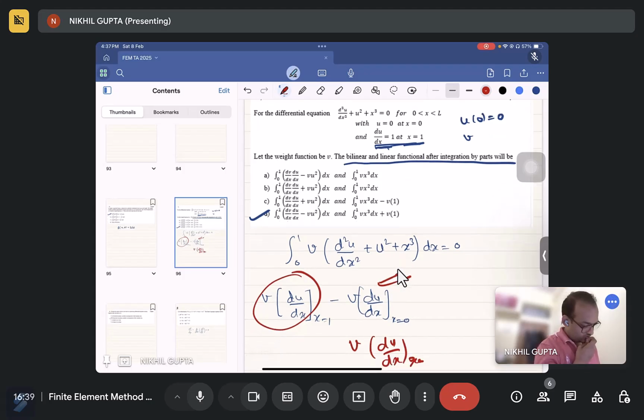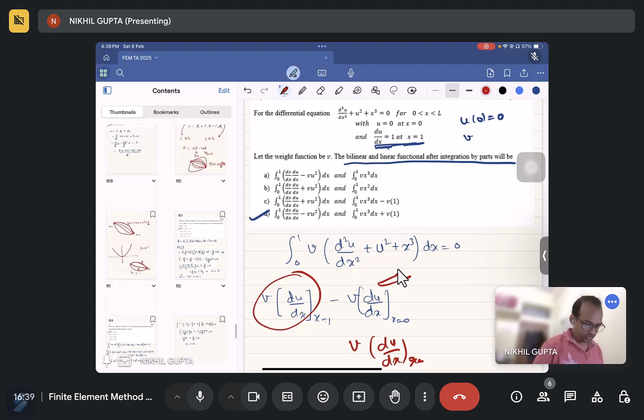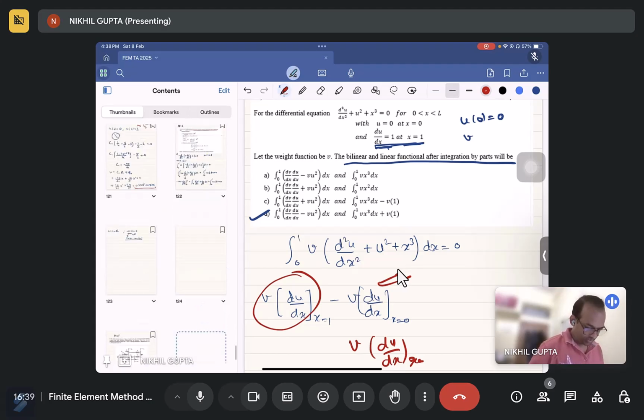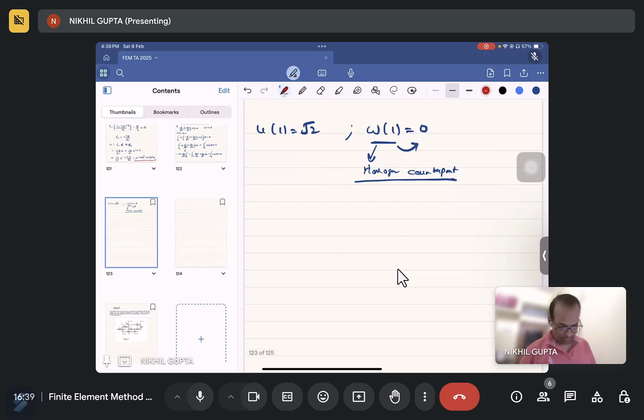The homogeneous counterpart is that w should be dw by dx. Okay, so it is like that, and it is also given that du by dx at x equal to 0.